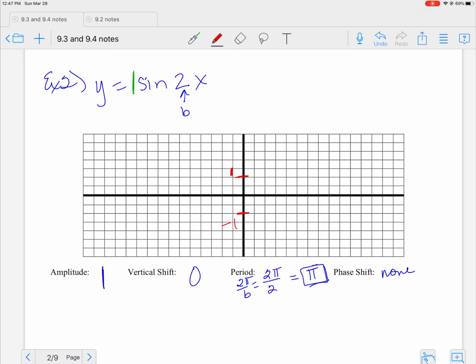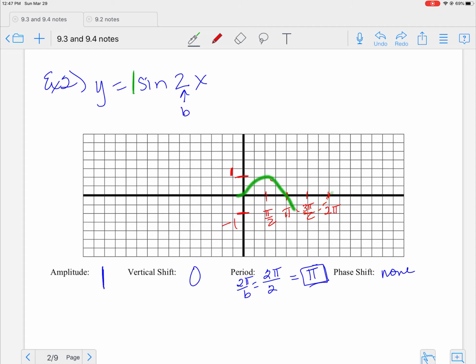Okay. Now, here's the deal. If I have, let's go back to this. So here's 1, -1, pi over 2, pi, 3 pi over 2, 2 pi. So this is my normal sine curve, 1 period of it.